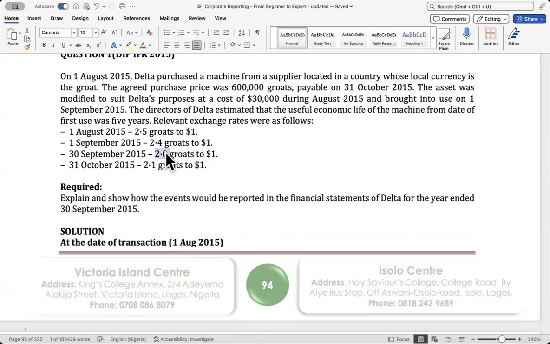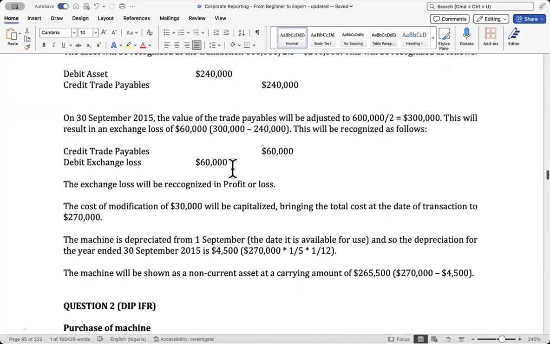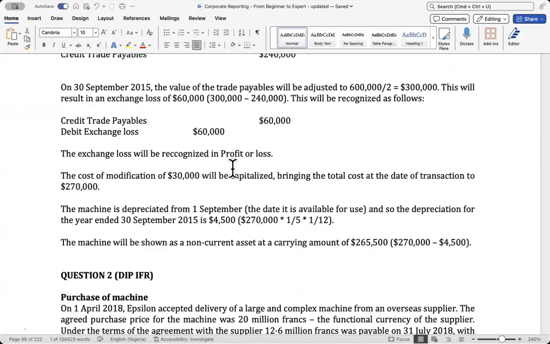Is this weaker or stronger? By the time you do 600 over 2.1, can you press your calculator? What would that give you? Anybody with a calculator there? 285,714. Okay, so the dollar is stronger.